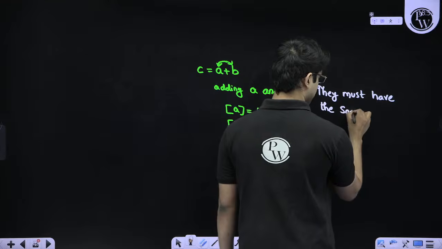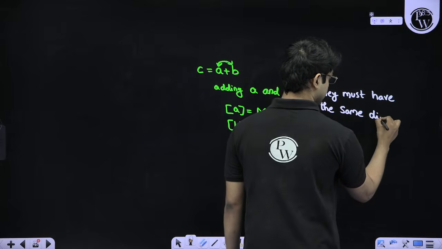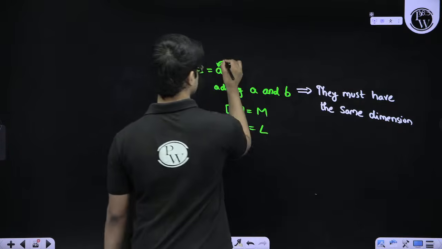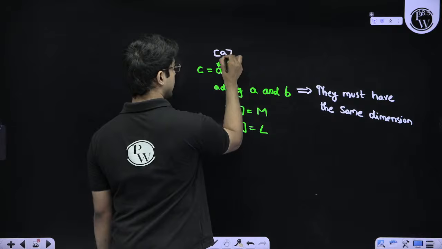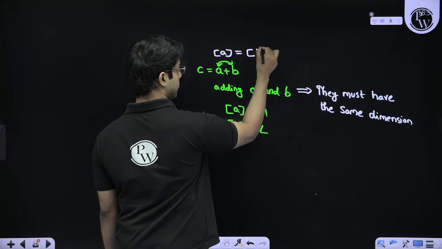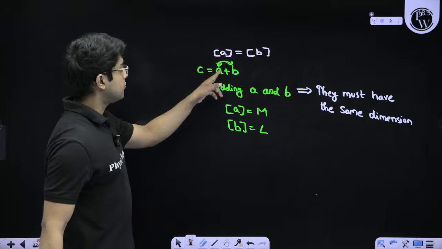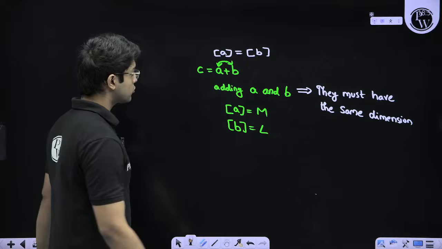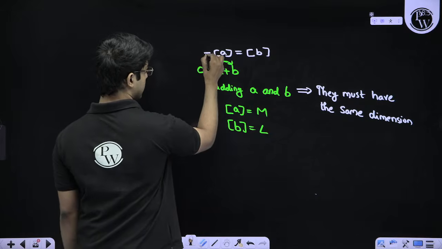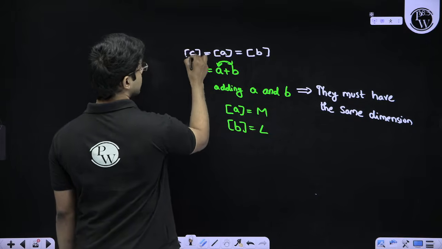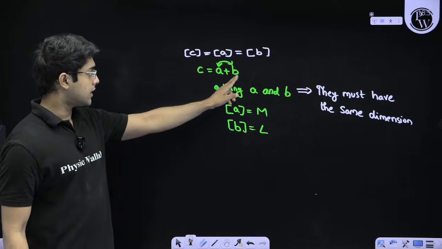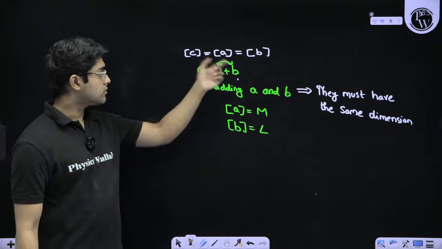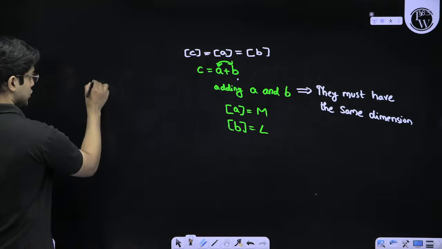Okay. So here we are adding A and B. So which means dimension of A, whatever that may be, it has to be the same as the dimension of B. Now, of course, if for example, this is a mass, then you add mass to mass, then the output will also be a mass, right? So C will also have the same dimension. Okay, so if you see any equations like this, when you add two things to get a third thing, then all of them will have the same dimension. Okay, same with subtraction.